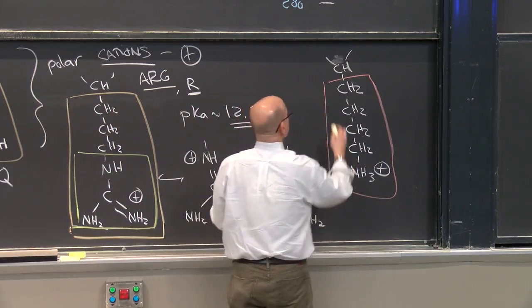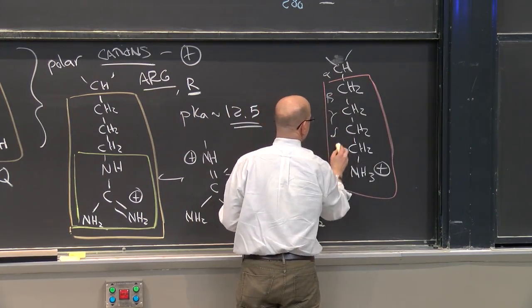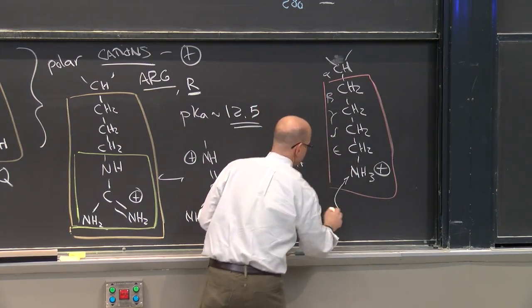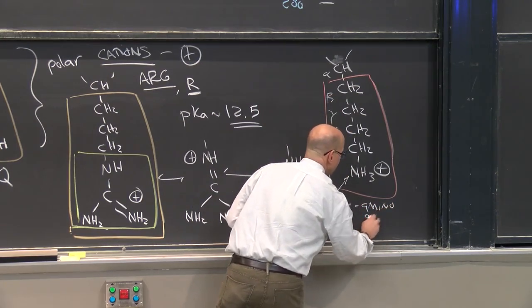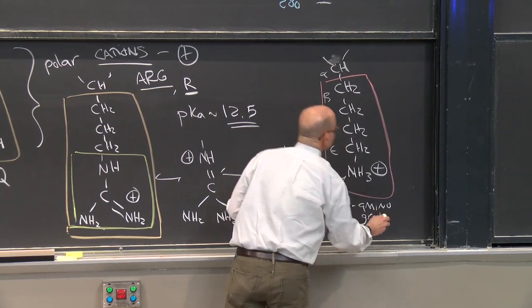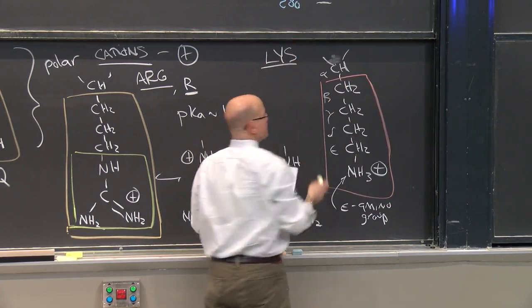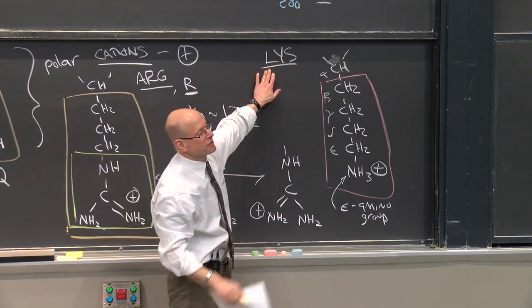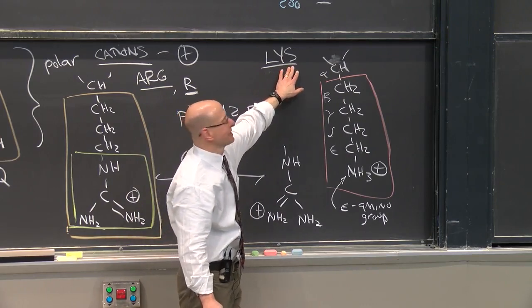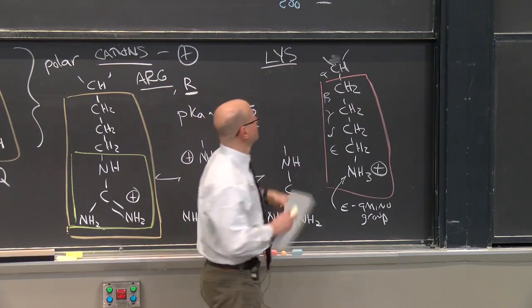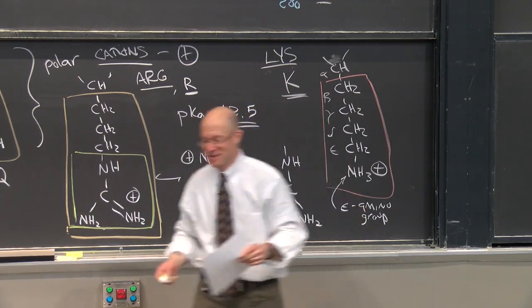If this is my alpha carbon, this is my beta carbon, gamma, delta, epsilon, and this is my epsilon amino group. This amino acid is called lysine. Now I'm in trouble again, right? I can't use the L, and I can't use the Y, and I can't use the S, so I'm going to give it the letter K. Again, I don't know why. I didn't make it up.